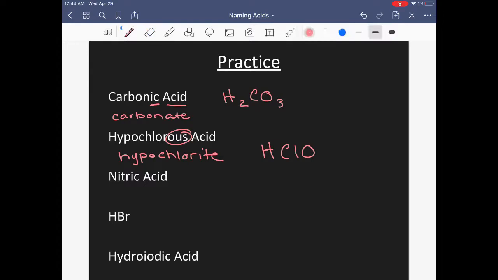And my formula for this acid is HClO. All right, your hypochlorite comes from right here. That is your ClO. Same thing up here, your carbonate is right here at your CO3. And because they are acids, they are all starting with hydrogen.